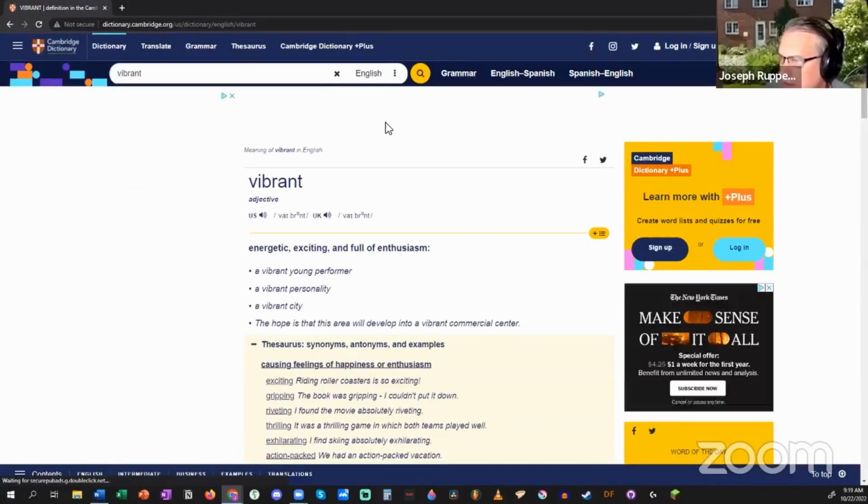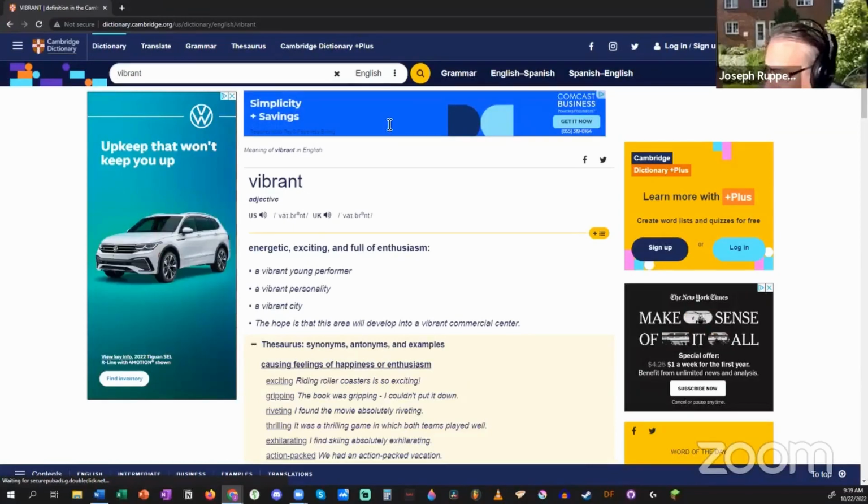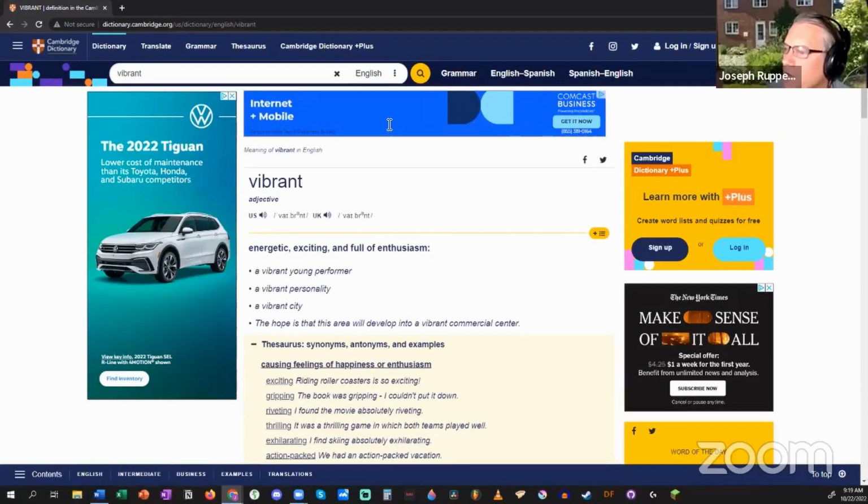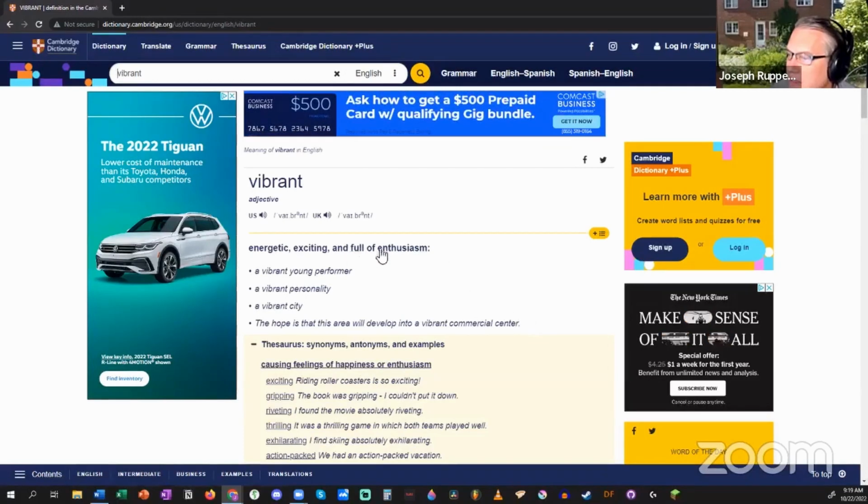Vibrant, adjective: energetic, exciting, and full of enthusiasm. A vibrant young performer, a vibrant personality, a vibrant city. The hope is this area will become a vibrant commercial center. Again, not just full of enthusiasm, but think of it as full of life.